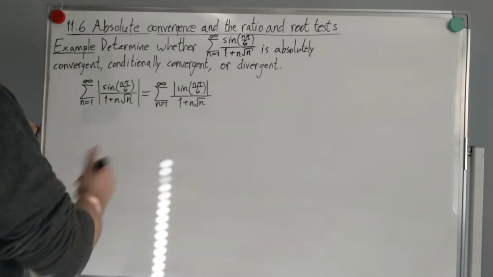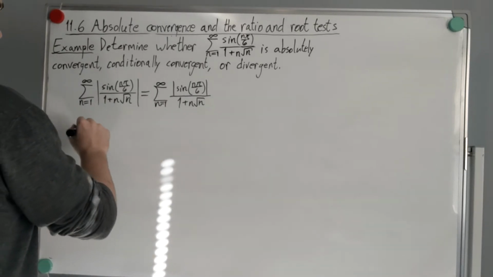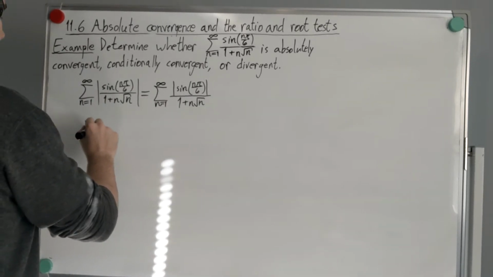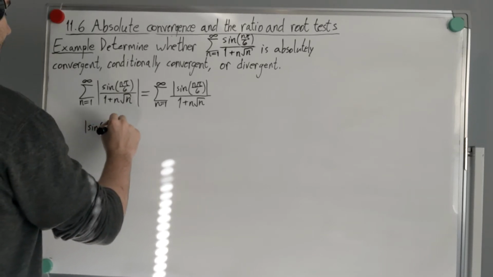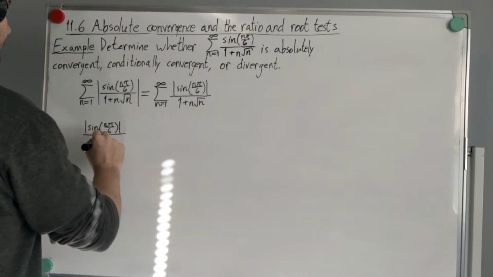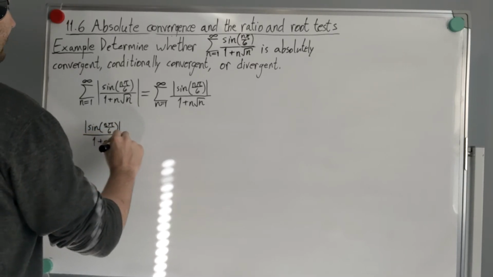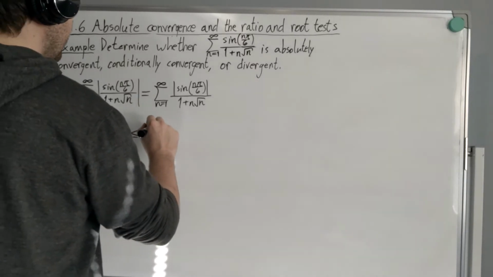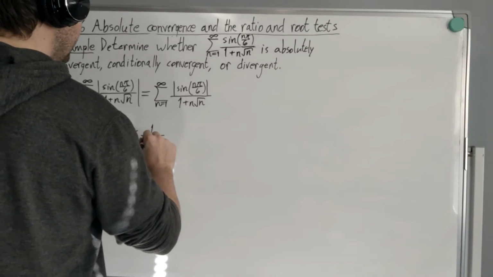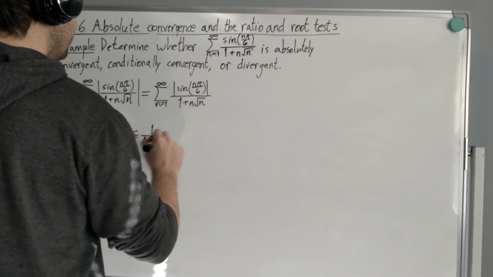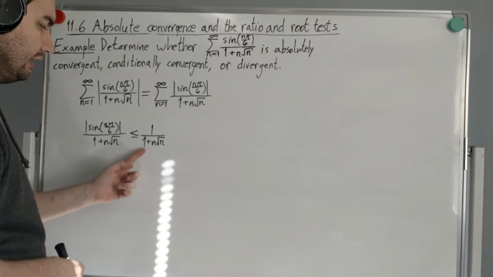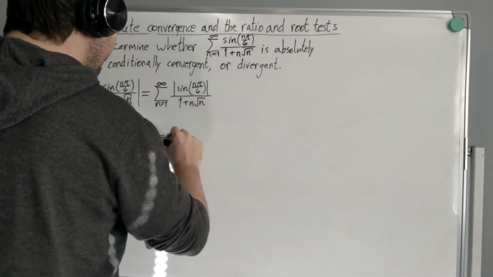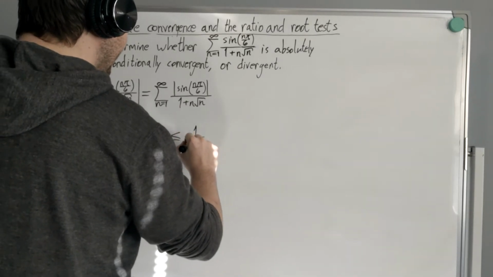So, again, the absolute value of the sine has values less than or equal to 1, so we can take the absolute value of sine of n pi over 6 over 1 plus n root n. That is definitely less than or equal to 1 over 1 plus n root n. In turn, this is less than 1 over n root n, since it has a larger denominator.